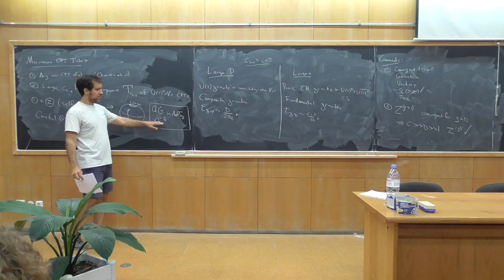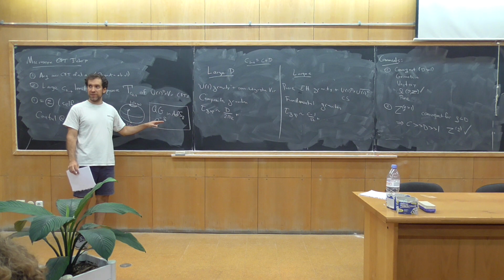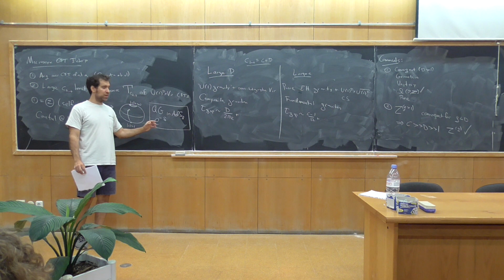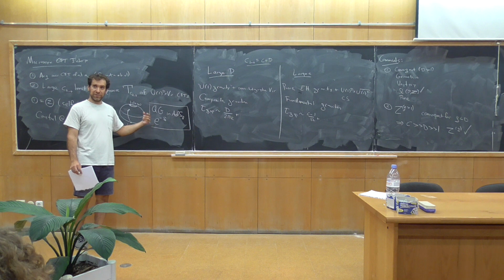Perhaps this is something that the resurgence of the semi-classical gravitational path integral can help us understand. And even in that case, it's not always true that we can use this to understand the large but finite C theory, the finite G Newton theory.